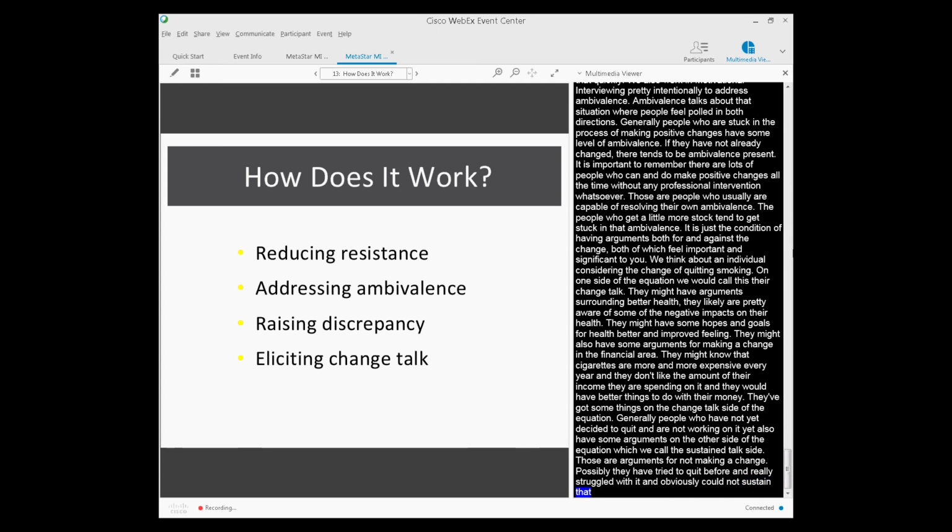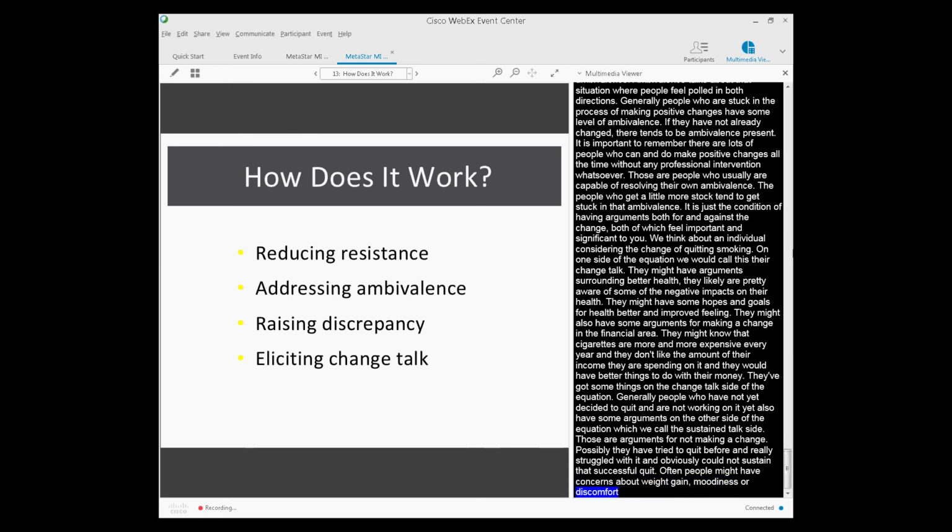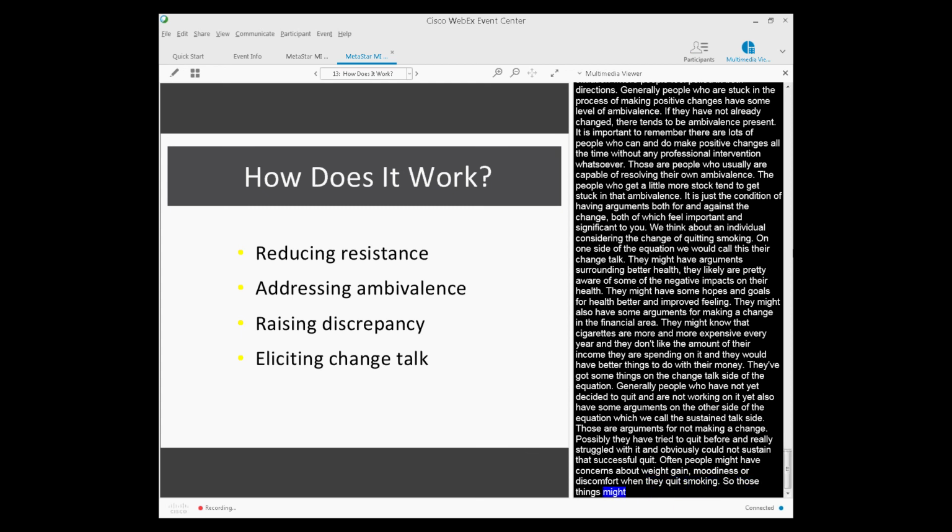Often people might have concerns about weight gain or moodiness or discomfort when they quit smoking. Those things might represent their sustain talk, or their arguments against the change.